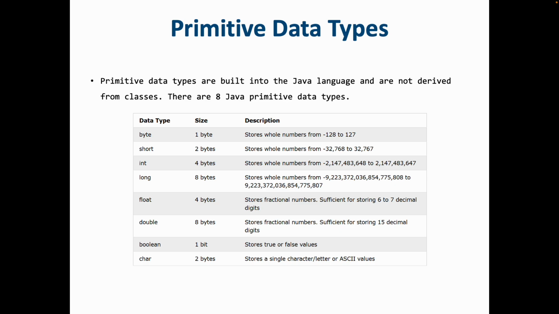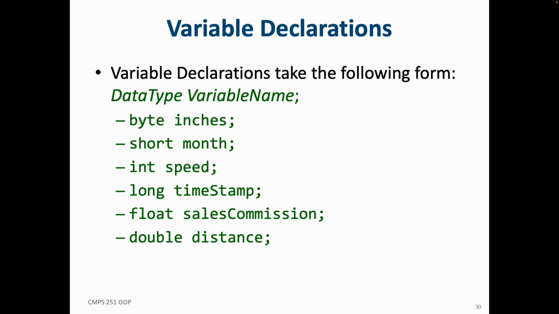If you are always dealing with small numbers, and you know that a short will be enough, then go with that, because its memory usage is much less than the others, so your program will probably be faster and so on. So it's also important to know the limits of these numbers. And when we are declaring these, again, we just write the primitive data type and then our variable name.